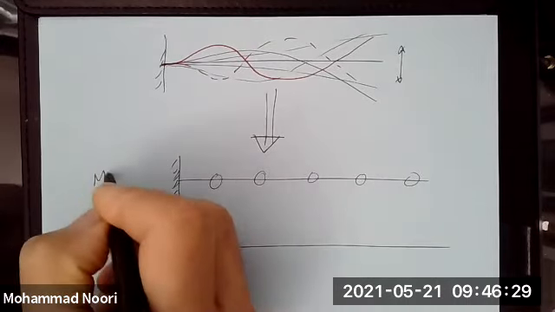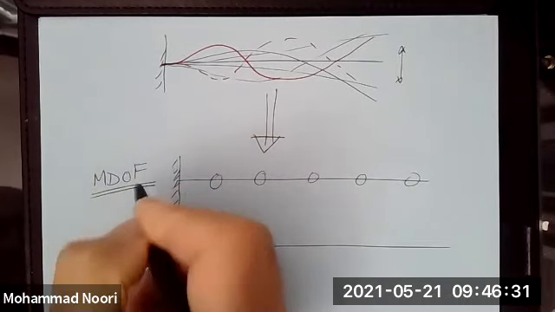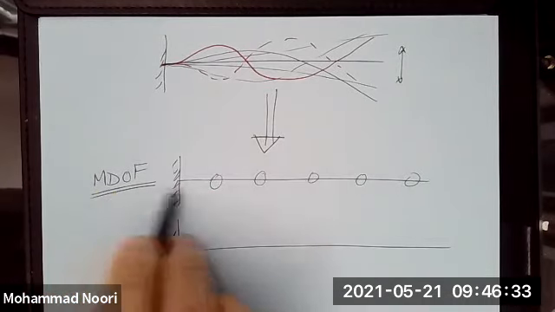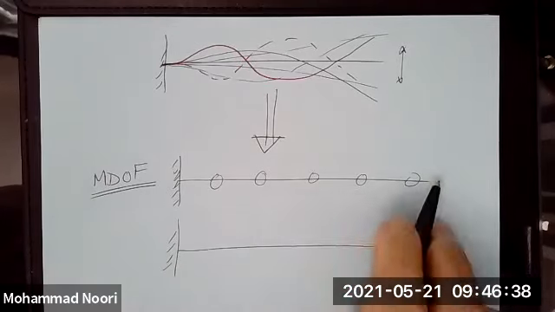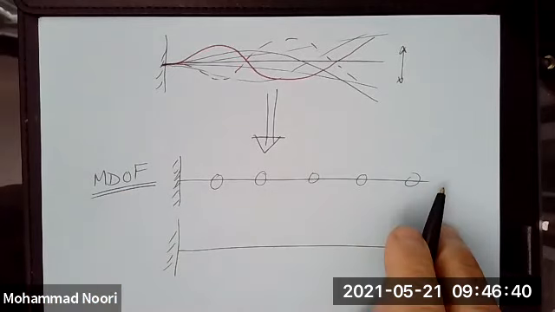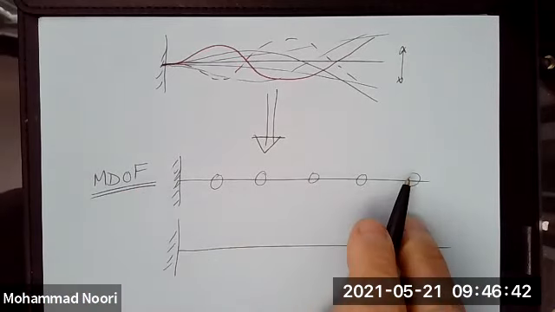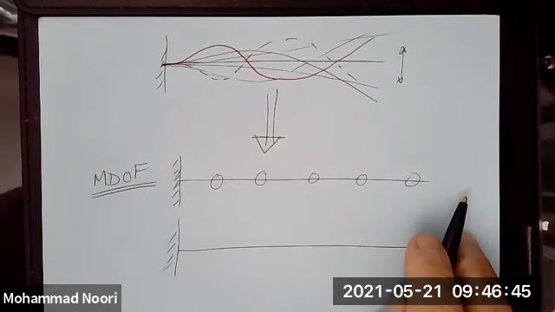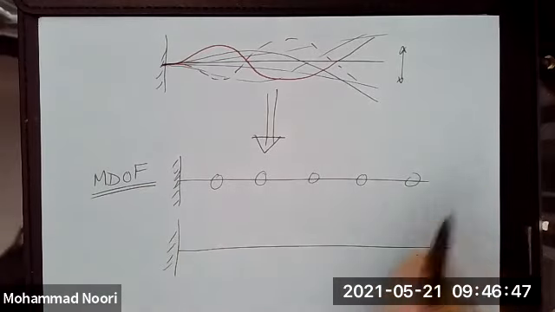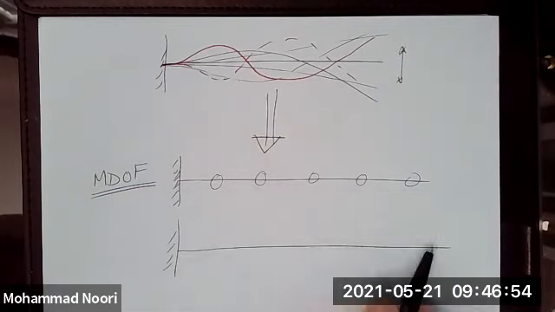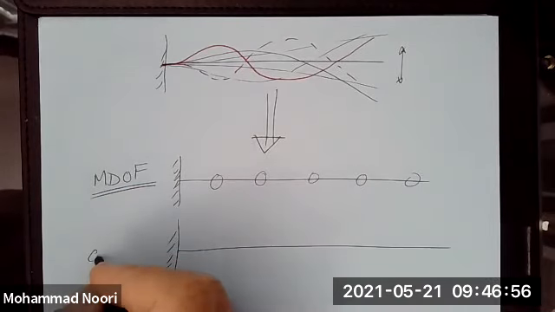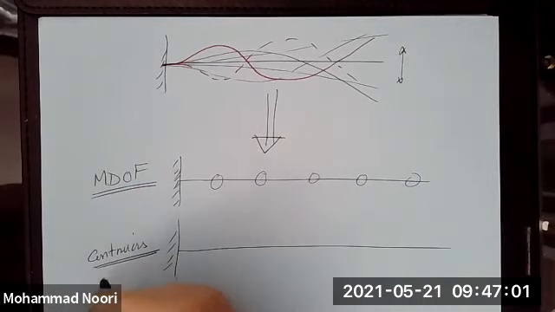This formulation brings us to introducing the multi-degree of freedom system, which is a representation of a system by discretizing or breaking down that system into a set of lumped masses, or you can deal with the system as is, which is a continuous system.